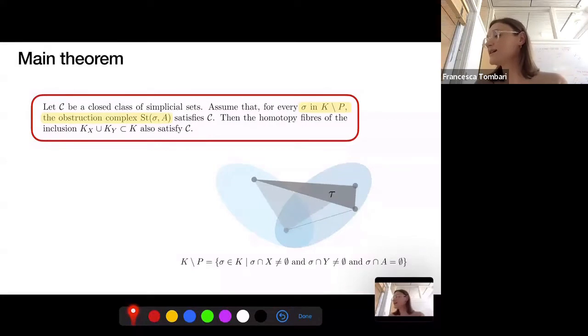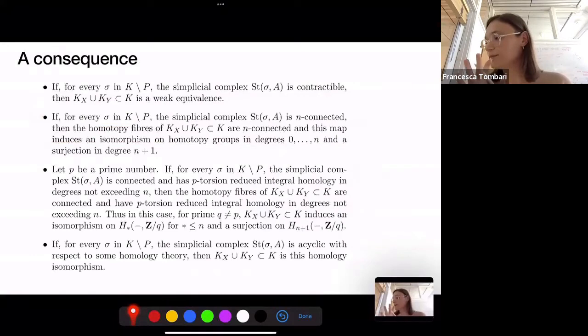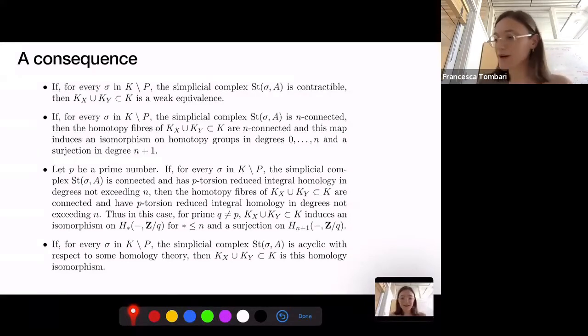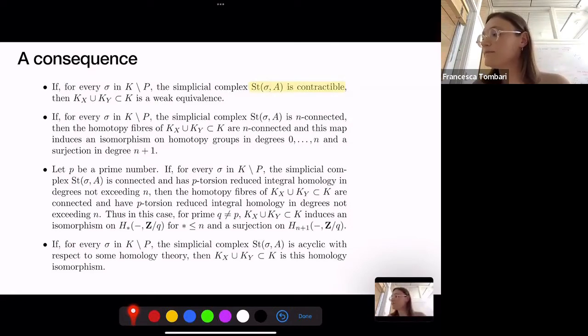Okay, and this now specifies in several ways, in several corollaries, according to the closed class that we choose. I apologize for the amount of words on this slide, but please bear with me and let's go through at least two items of this list. So now let's say that all your obstruction complexes associated to K minus P are contractible.